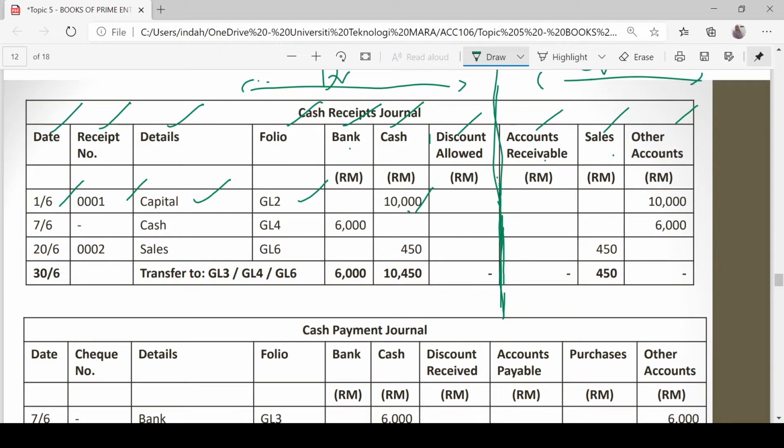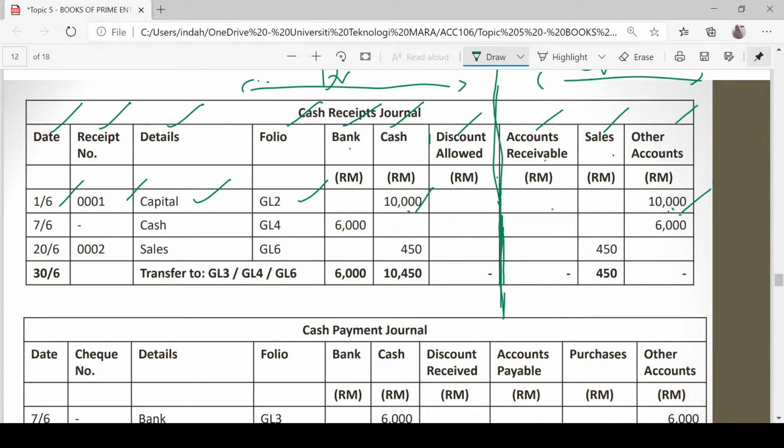Is this the amount of money we receive from our customer? No. Is it from the sales? No. It is from capital. So other account. Then we deposit the cash in hand into cash at bank. What happened here?